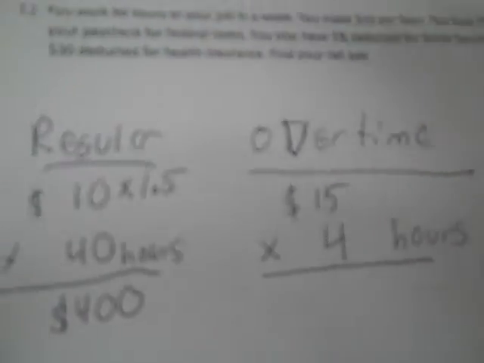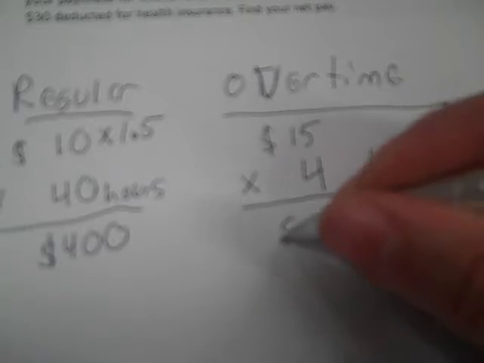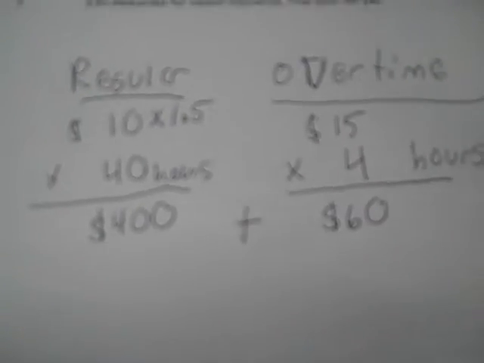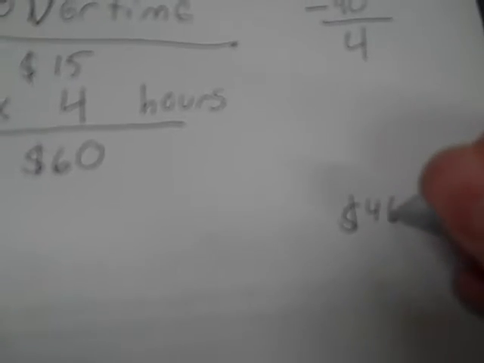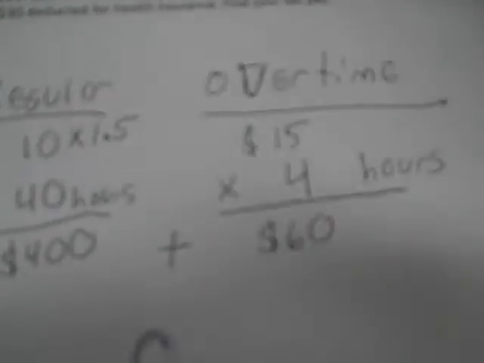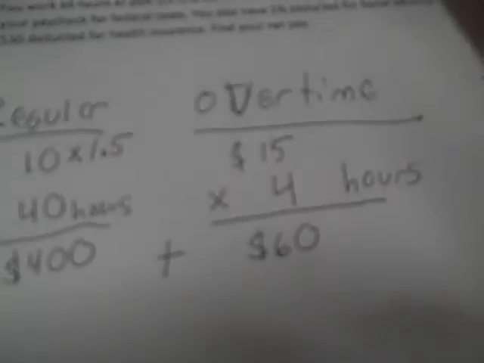And to find our hours, we need to take the 44 that are in the problem and minus 40. That's 4. So 15 times 4 would be 60. And now I plus those, and that's 460. That's the first part of the problem.